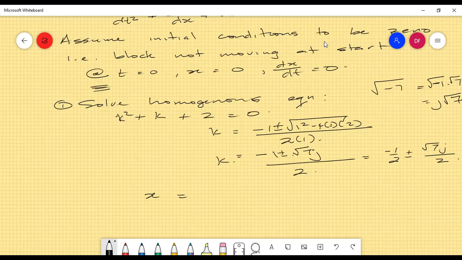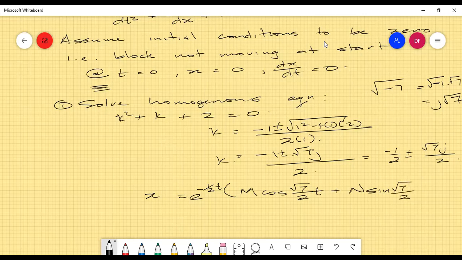So e to the minus 1/2 t, open bracket m cos root 7 over 2 t plus n sine root 7 over 2 t, close bracket.